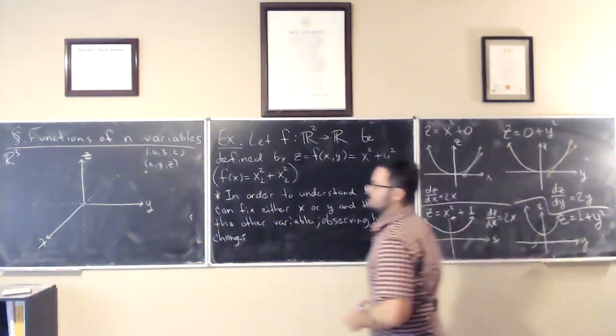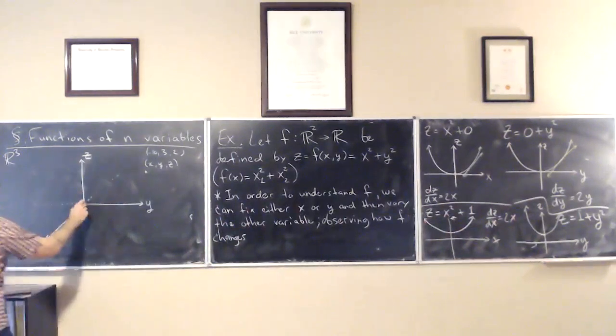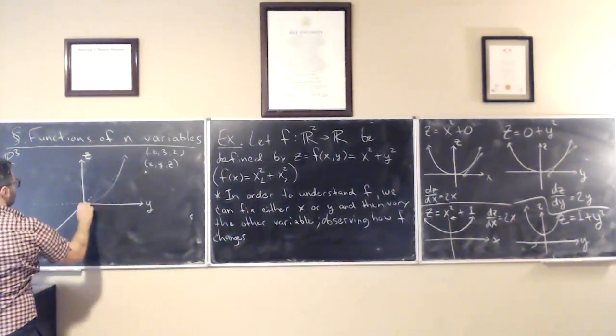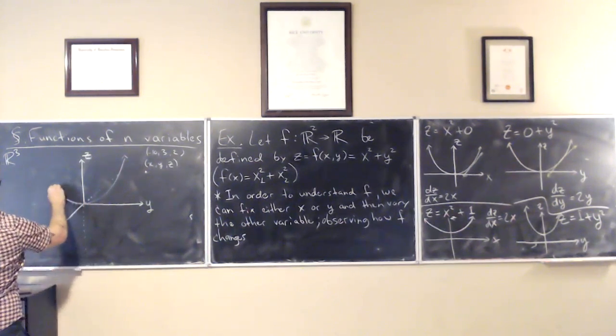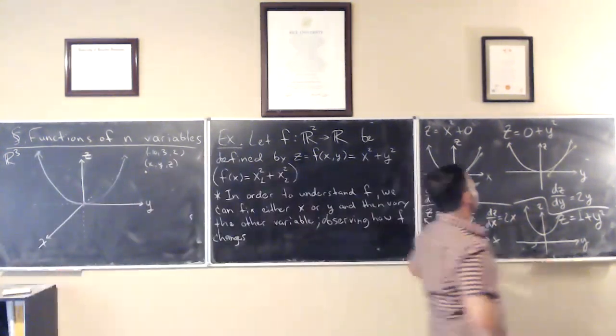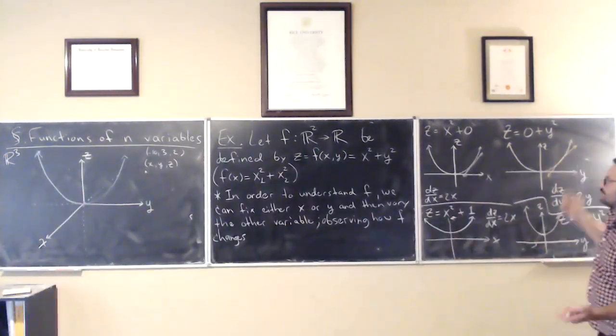So we can make x equal to 0 and vary y, and we already know what it looks like. We know that's a perfect parabola like that. Okay, so that's when we fixed x at 0 and we varied y, that's the parabola we got.